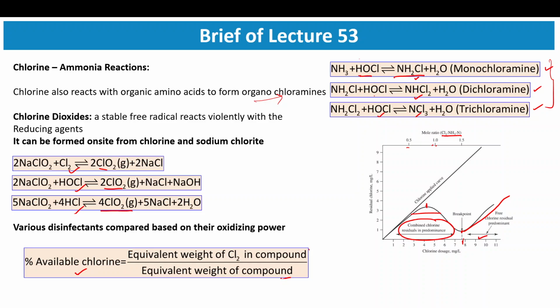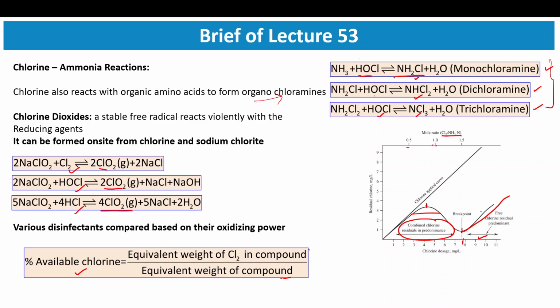And if you just want to have free chlorine, because the efficiency differs and the dissociation differs, right? From this curve you can see that depending on the ratio of Cl2 and the ammonia present, there is a trend followed, and after some point only free chlorine will be available.